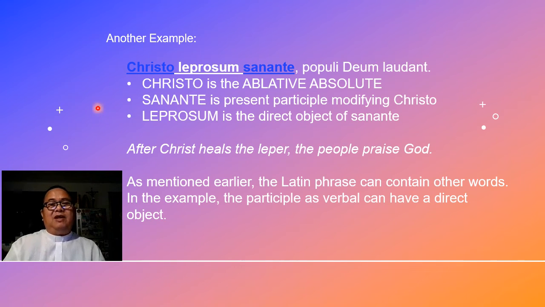In the example given here, the participle, because it is verbal, can have a direct object. And leprosum here is the direct object of sanante. At the same time, as an adjective, the participle is a verbal adjective. It modifies Christo. So, once again, in the worksheet: Christo is the noun, ablative absolute; sanante, participle, modifying Christo; leprosum, noun, direct object.